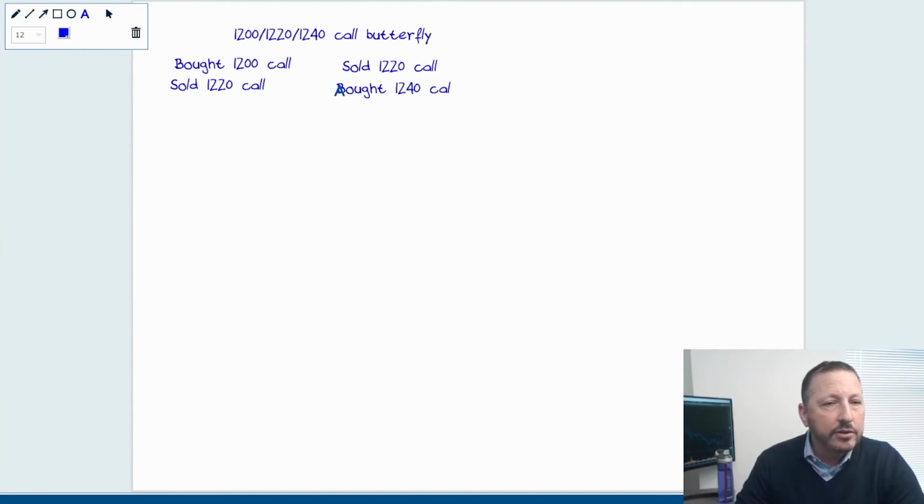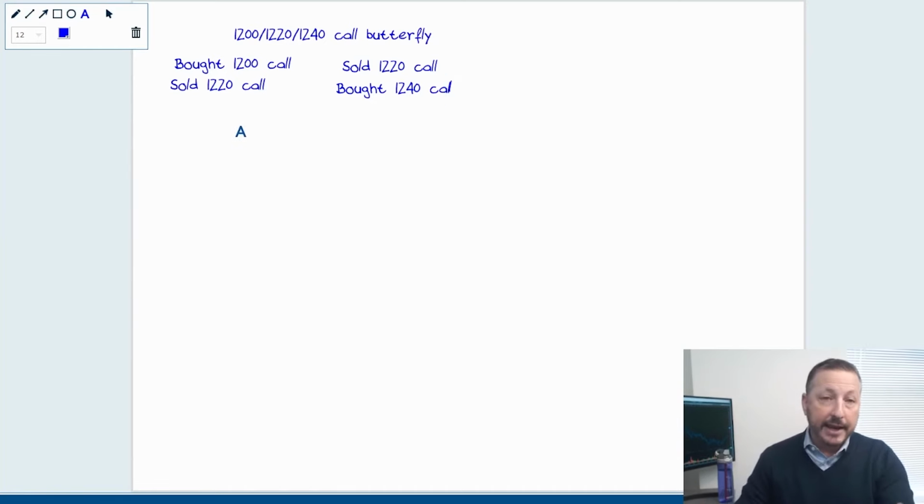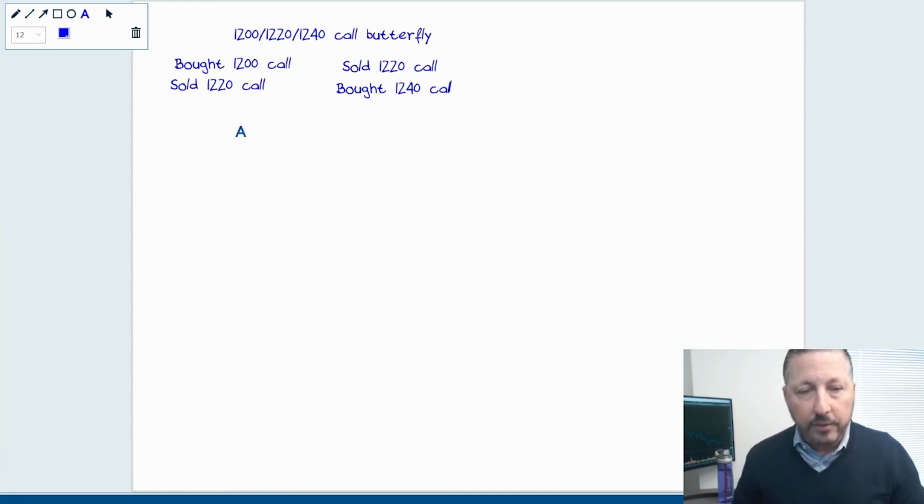What would happen if we just bought the 1200, sold 2 of the 1220s, and never bought that last strike, that 1240 call? What would happen there? Well, in this case, if Tesla really just exploded beyond all our strikes, we have unlimited loss, because we're short one call if we didn't buy that 1240 call.